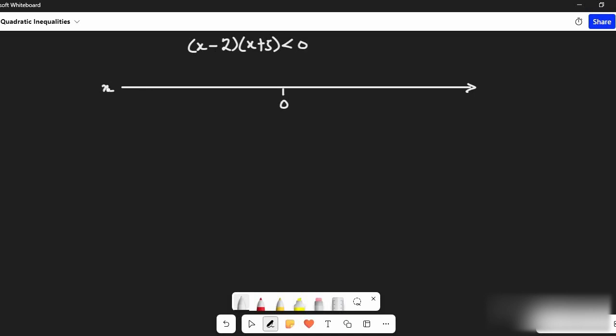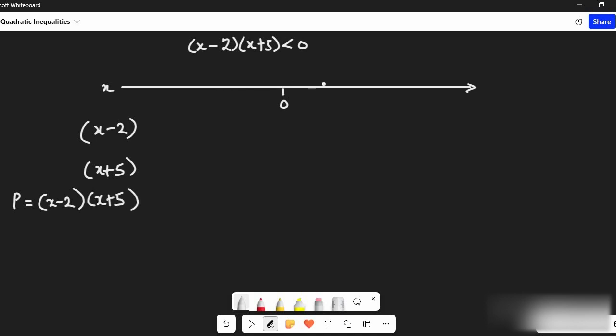One factor is x minus 2, the other factor is x plus 5, and then we have the product, of course, to be x minus 2 into x plus 5.